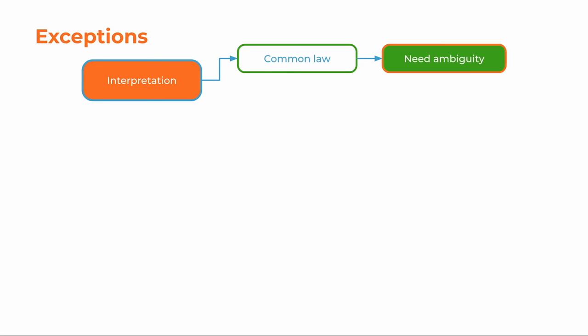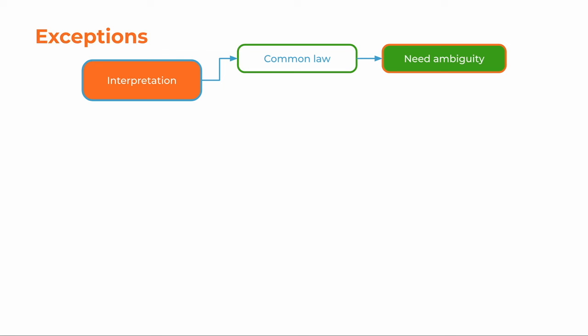So here, exceptions. Remember, with interpretation, we're saying the evidence is being offered by the party not to add a term, not to change a term, but to explain it. It's important to understand that you can only do that under the common law if there's an ambiguity that needs explaining.